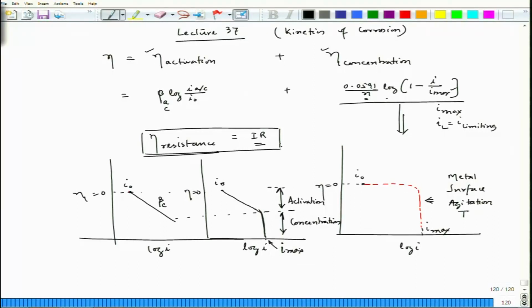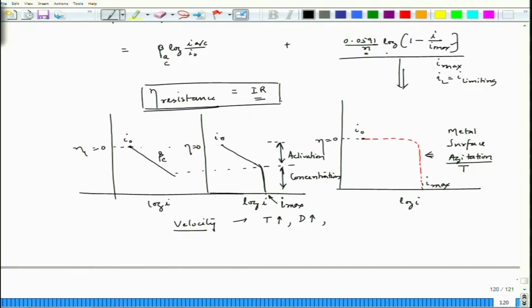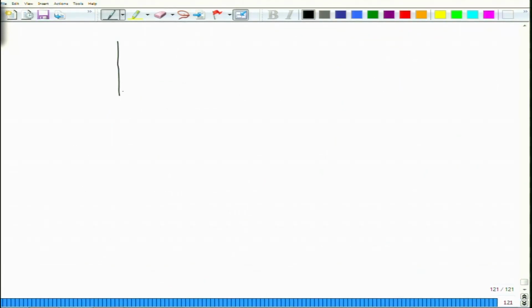Okay. Now if I try to see one factor, let us say agitation, let us say I increase the velocity. Because of the churning, it could lead to temperature increase, and once temperature increases, diffusivity increases. Now if I look at the boundary layer as well as the way concentration is changing, this is the IHP, OHP, and we have seen the concentration is changing like this.